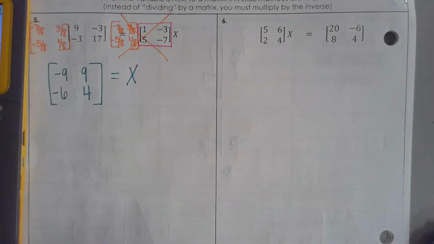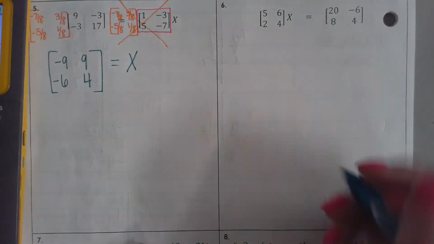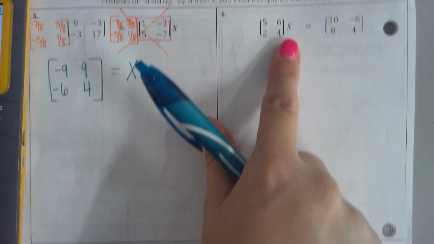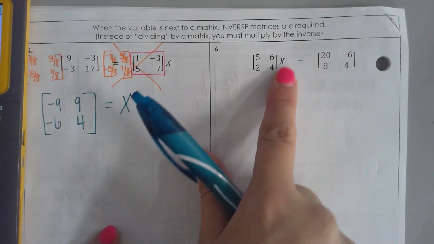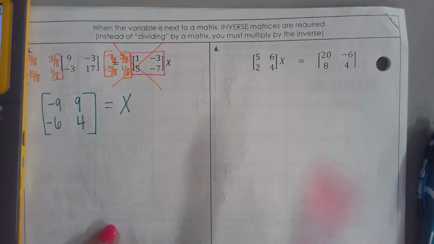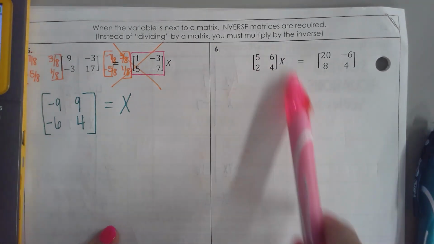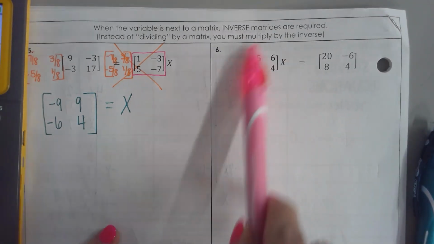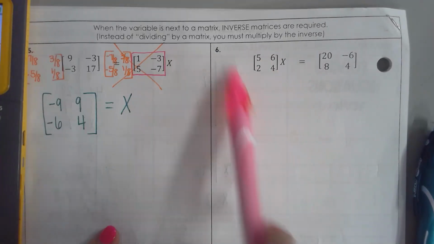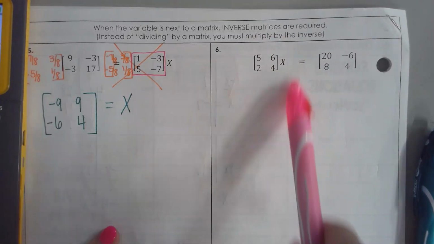Okay. All right. So number 6, my goal is to get this X by itself. So I can't divide by this matrix, but what can I do with this matrix to get rid of it? Multiply by its inverse.